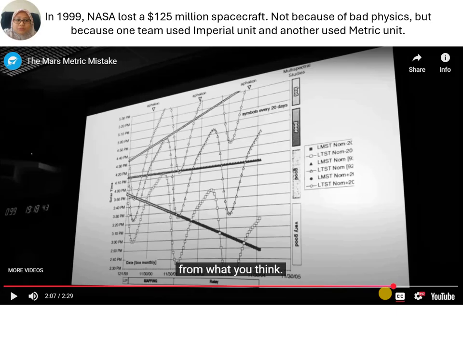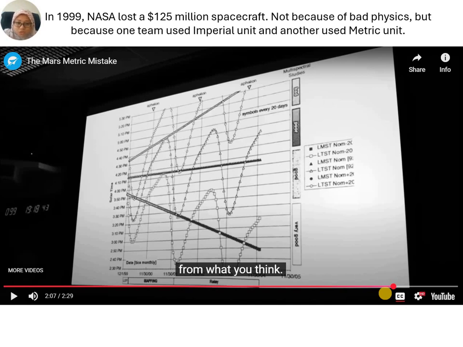The two teams used different unit systems. The spacecraft thruster used the Imperial British unit, in pounds and pound-seconds. But the NASA navigation team at Mission Control was expecting the metric unit, which is Newton-seconds.